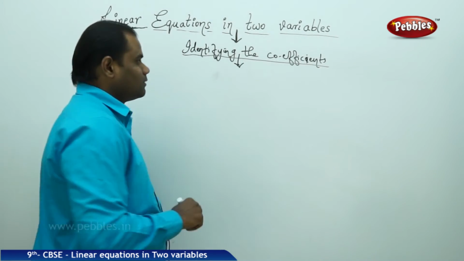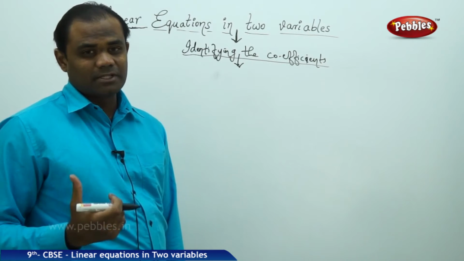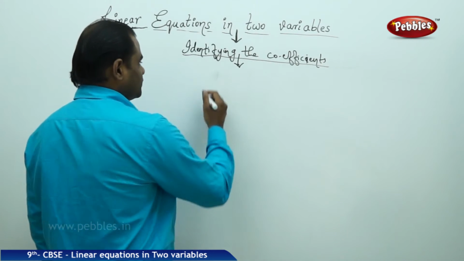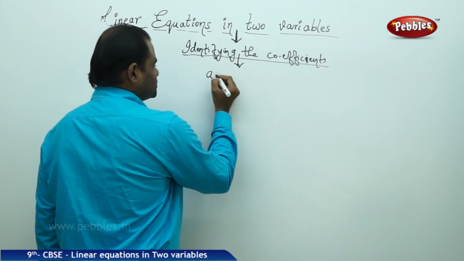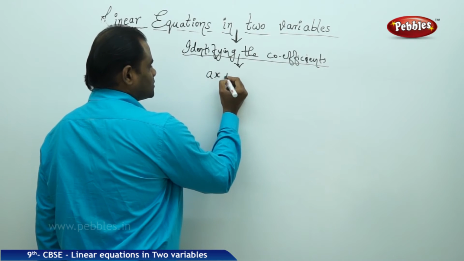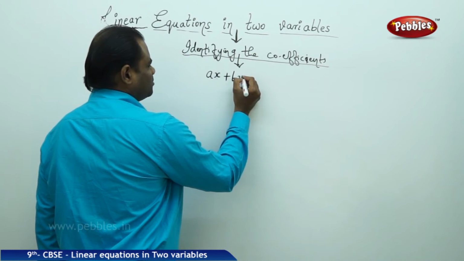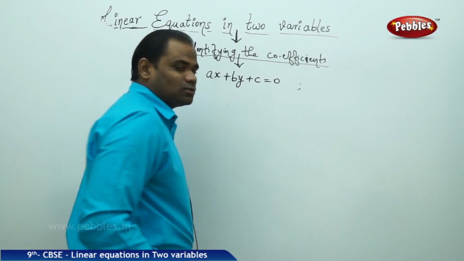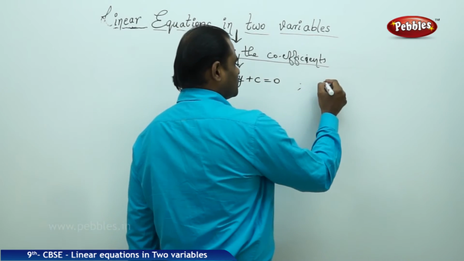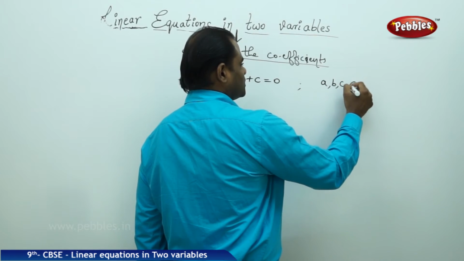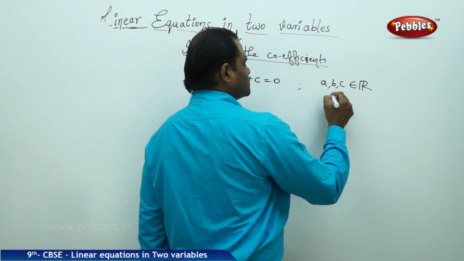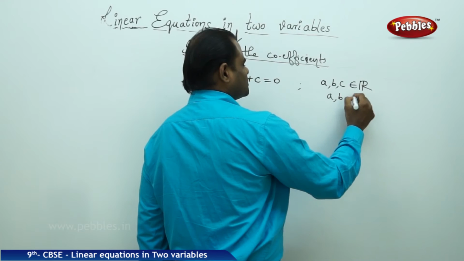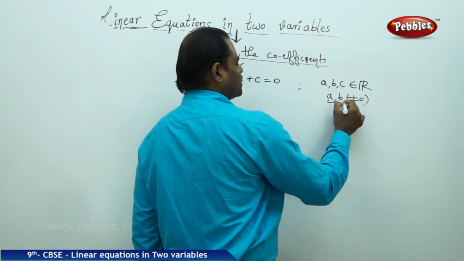For example, we have discussed in the previous sessions that a linear equation can be expressed in general form as ax plus by plus c equal to 0, with two rules. The rule 1 saying that a, b, c must belong to real numbers, and the rule 2 which says that both a and b are non-zero.